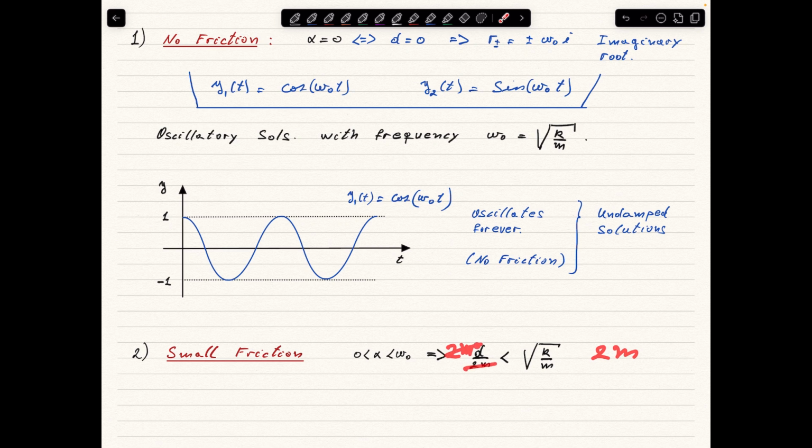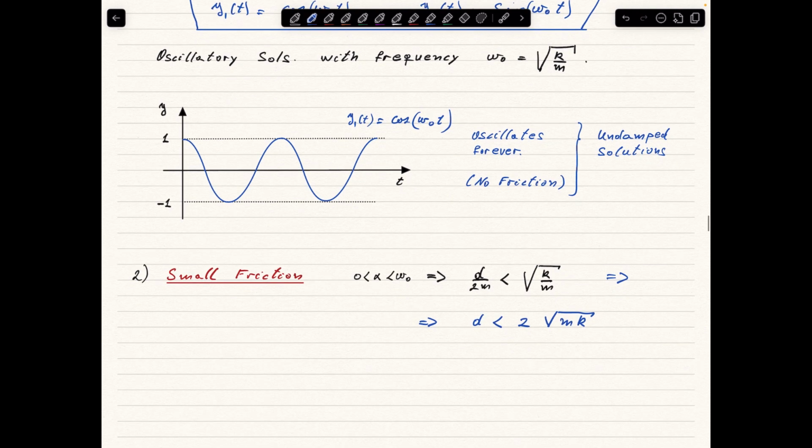So this is going to cancel out, and we get that the damping coefficient is given by this expression, but now we have m here and square root of m on the denominator, and that can be simplified into something like d is smaller than 2 times the square root of mk.